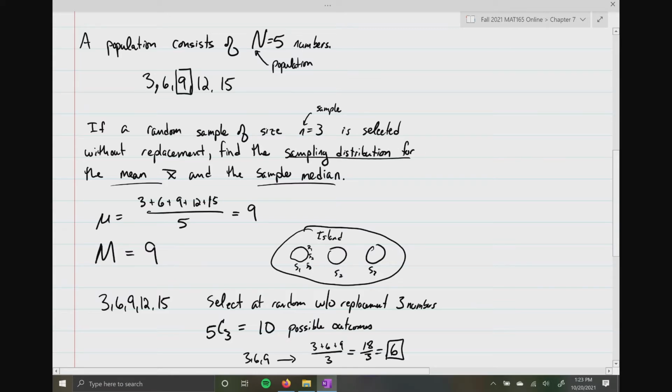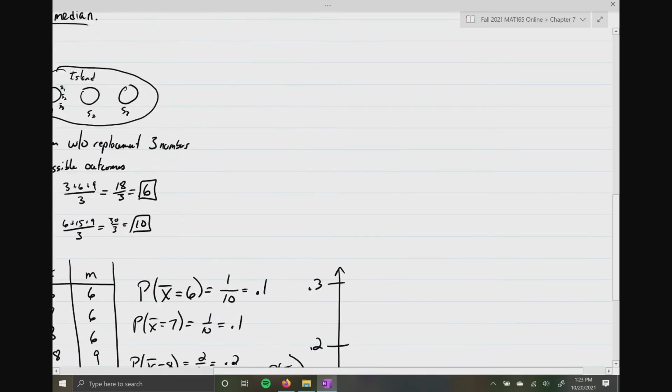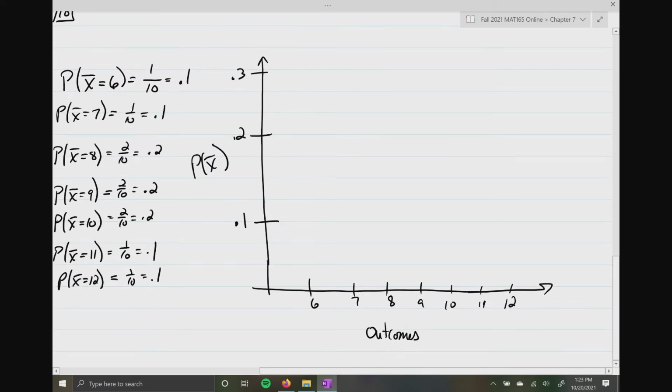What happens when we find not only their means, but the probability of obtaining them? That's what we calculated, and I'm going to go ahead and just draw it. Mean equals 6.1. Mean equals 7.1.